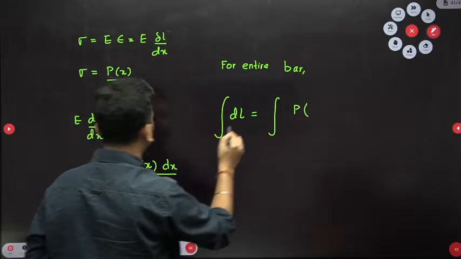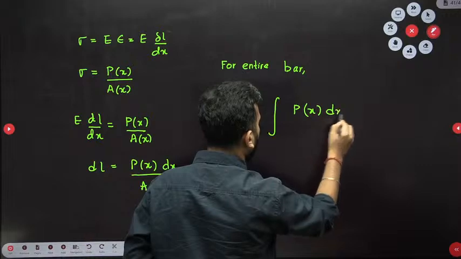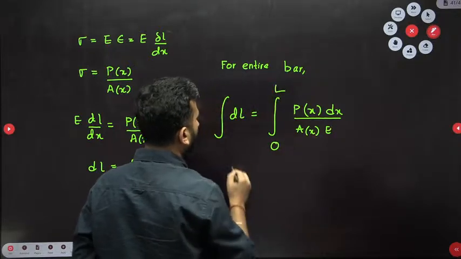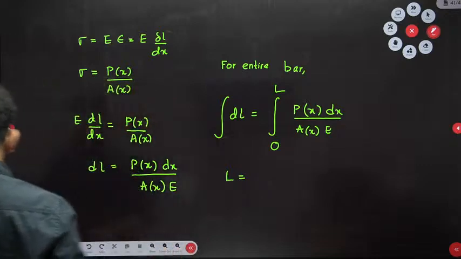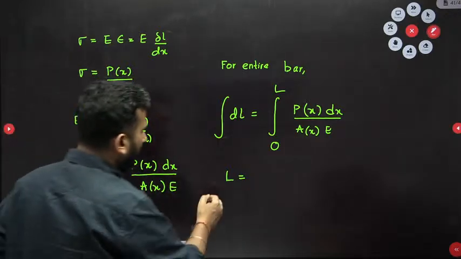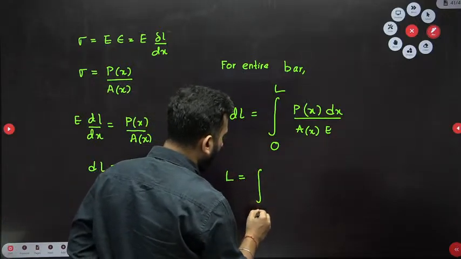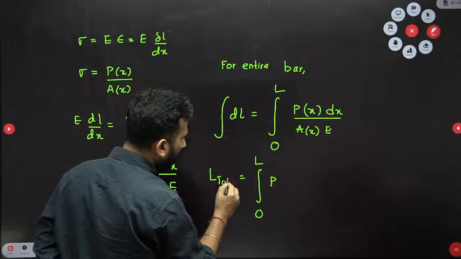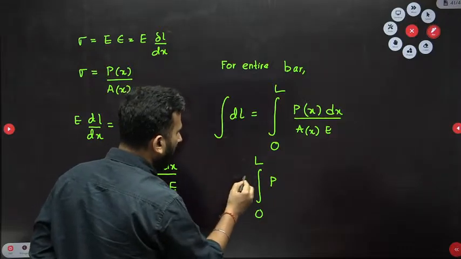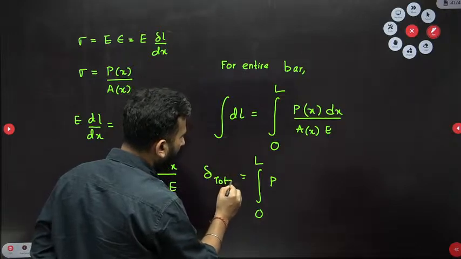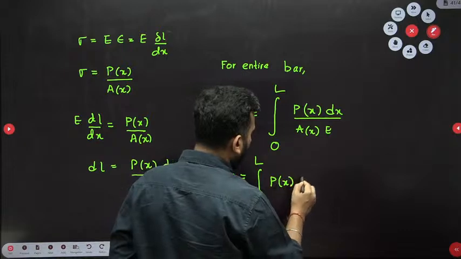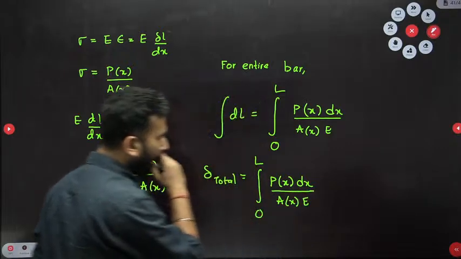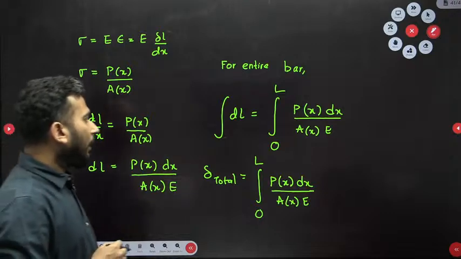So integration dL equals integration of P of x dx by A of x into E, from 0 to L. So this will give you the total deformation, delta total. Right? So why I have given this?